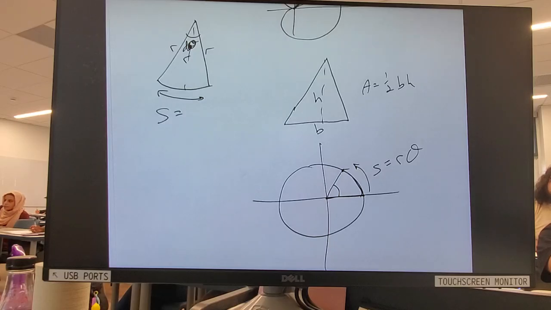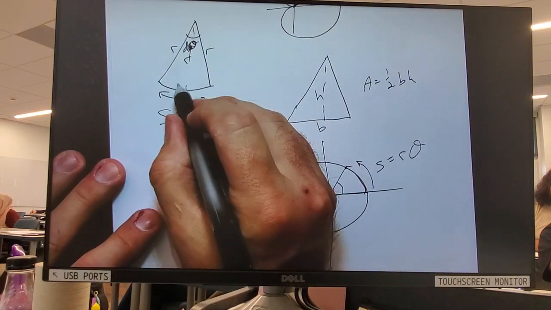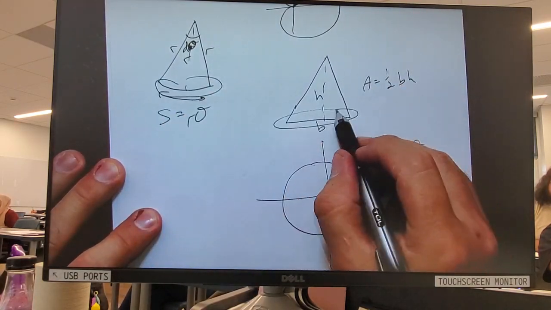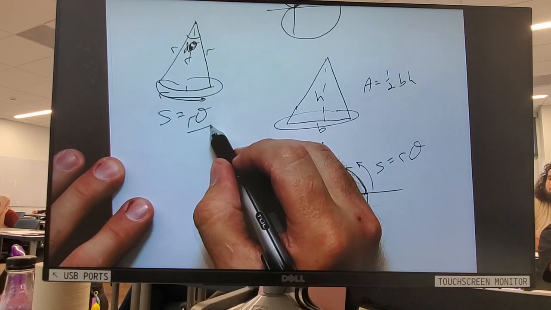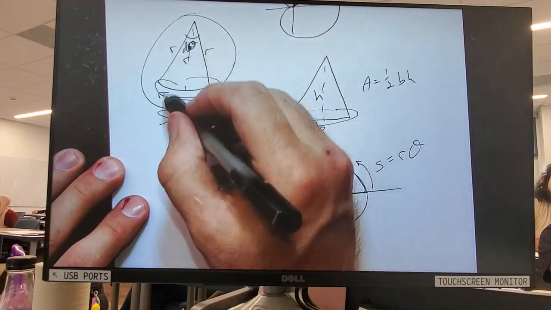So 2 radians literally means 2 radii, so I would take 2 times how big each radius is. So of course the formula is S equals R theta. I'm really zoomed in, so this looks straight, but it's still R theta. So what is the area of this piece?